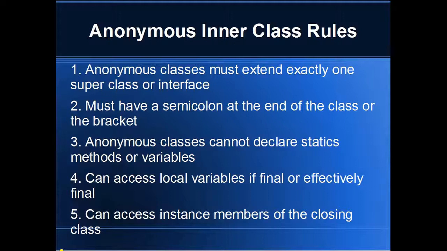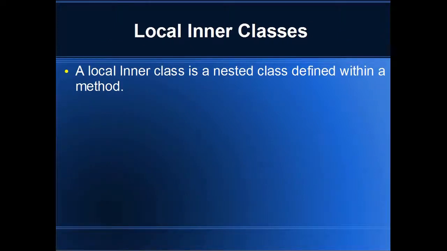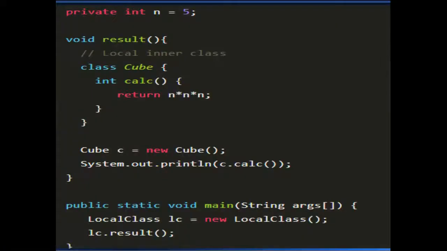Alright guys, now we're going to go into local inner classes. A local inner class is a nested class defined within a method. So it's a class within a method. It's like a member class within a method. As you can see, this is an example of an inner class. The local inner class is cube.